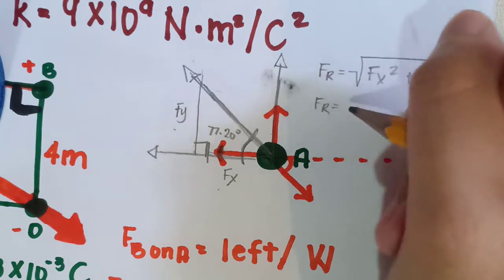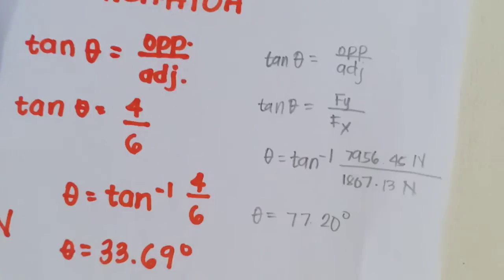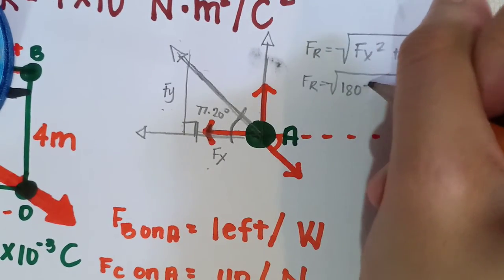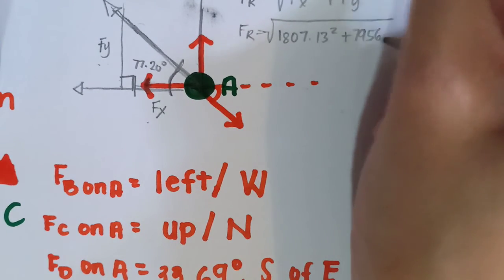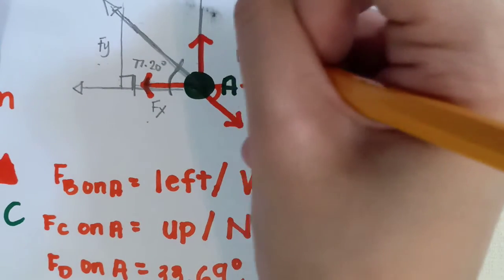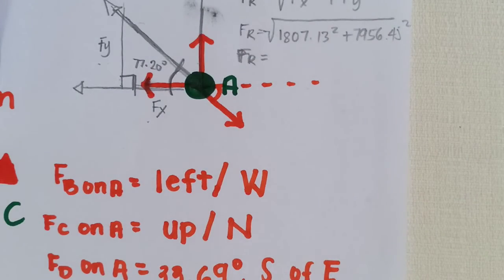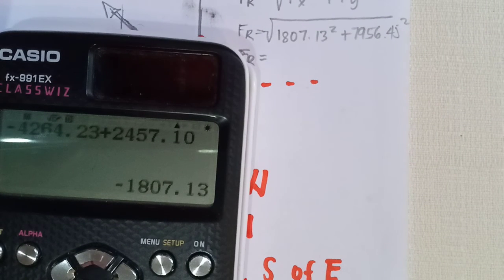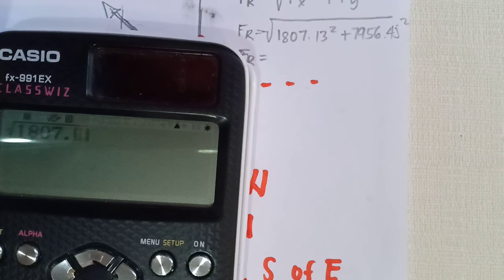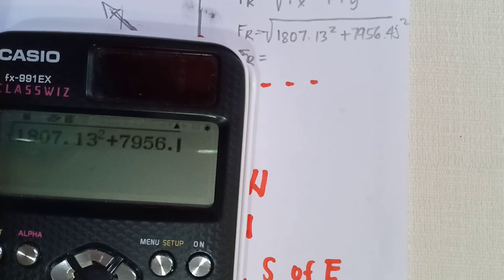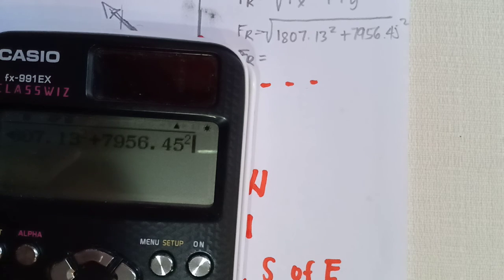So FR is equal to the square root of Fx, 1807.13 squared, plus Fy, 7956.45 squared. FR is equal to the square root of 1807.13 squared plus 7956.45 squared.